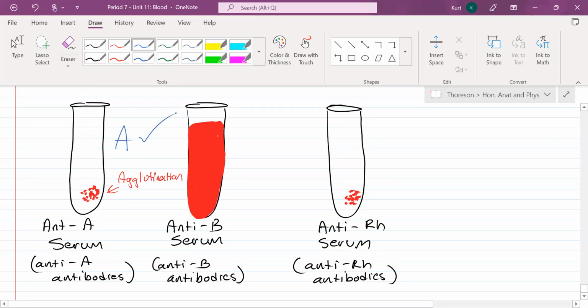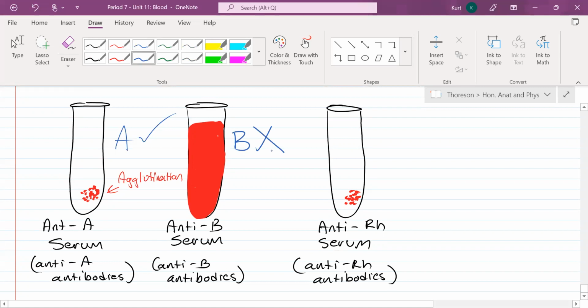Eva, this is your hypothetical blood. I put your blood into the anti-B serum and there was no reaction. Inside this anti-B serum, there are antibodies that attack the B antigen. They're not attacking anything. Do you have the B antigen? No, you don't. So over here, when it comes to her having B, that's a negative.